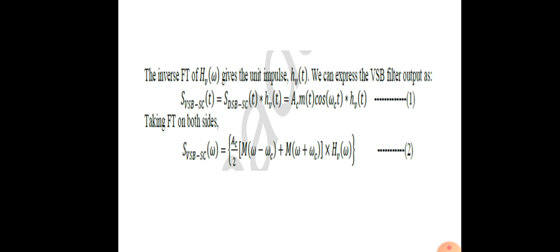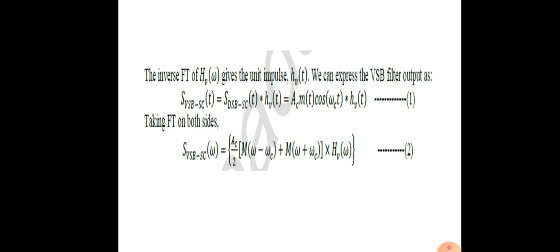That is s_VSB-SC of t is equal to s_DSB-SC of t multiplied with h_v of t. Here h_v of t is the unit impulse. That value is equal to A_c m of t cos omega c t multiplied with h_v of t.